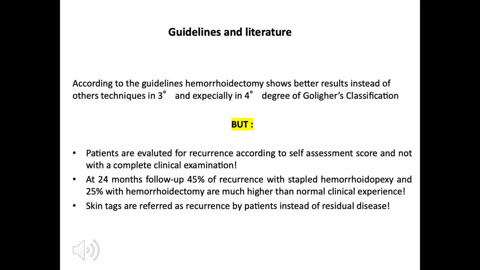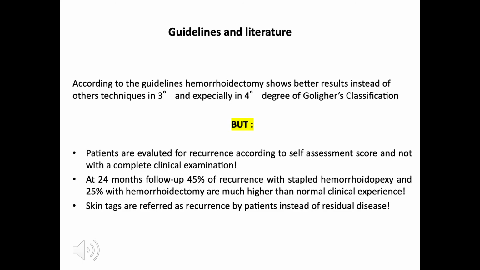Some comments on guidelines and literature. According to the guidelines, hemorrhoidectomy shows better results than other techniques in the third and especially in the fourth degree of Goligher classification. But if you analyze the literature, we can see that patients are evaluated for recurrence according to a self-assessment score and not with a complete clinical examination.